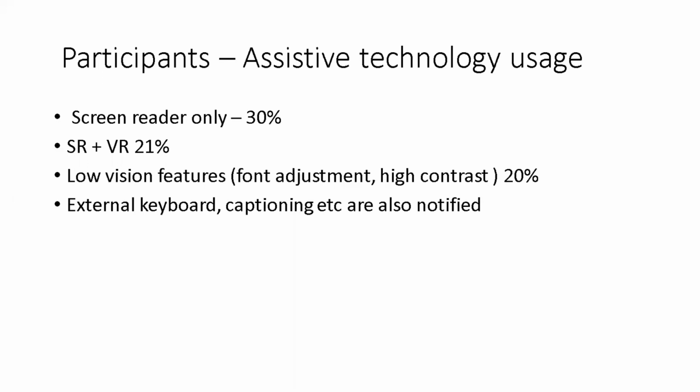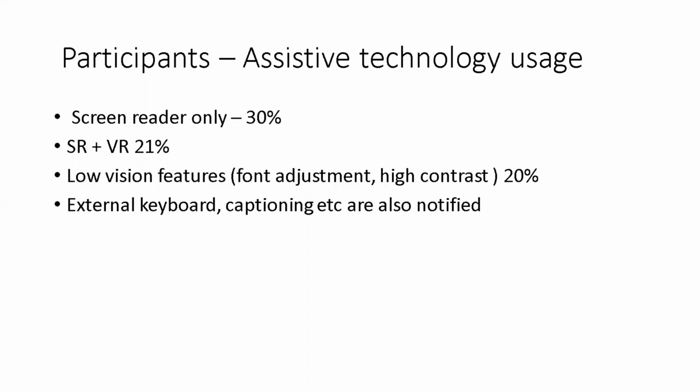So 20% of the people indicated that they use the low vision features like font adjustment or the contrast settings on the operating systems. People have also notified that they use an external keyboard, as some people might not be comfortable using on-screen keyboards.